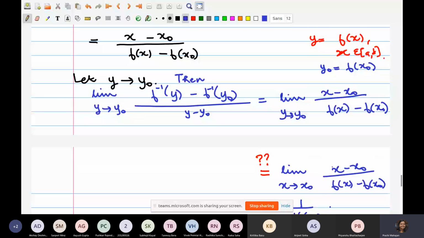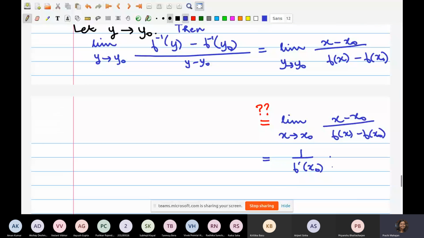Somebody wants to say something? Please go ahead. No, ma'am, I was just saying that it might be possible due to f being a continuous function. See, what does the continuity of f say? So, Priyanshu, you're right. Something to do with that. But let's see. What does the continuity of f say?